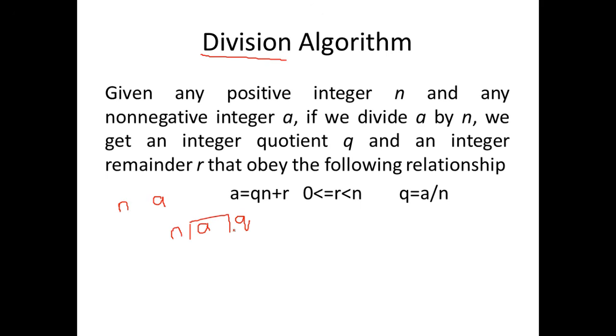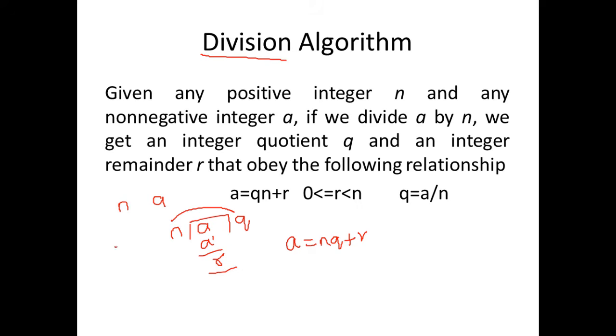Obviously you'll get a quotient and then you're going to get a remainder. So when you divide a by n, a can be represented as n times q plus r. So this is the property.